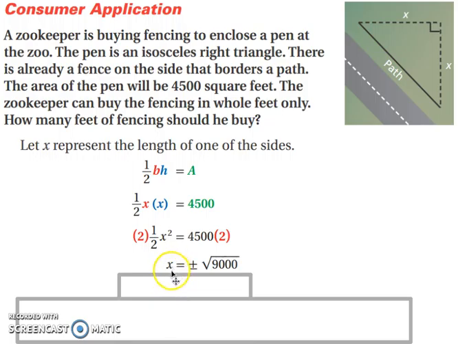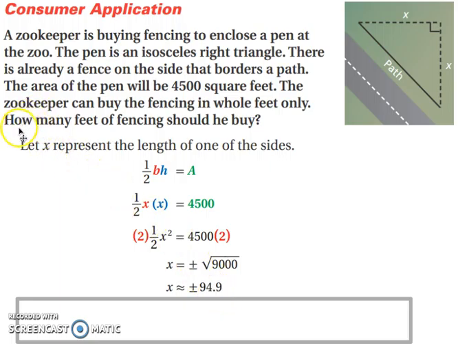Then we can take the square root of both sides, so we have x equals plus or minus the square root of 9,000. When we simplify, we're going to have a decimal because 9,000 is not a perfect square. So we have x is about equal to plus or minus 94.9.